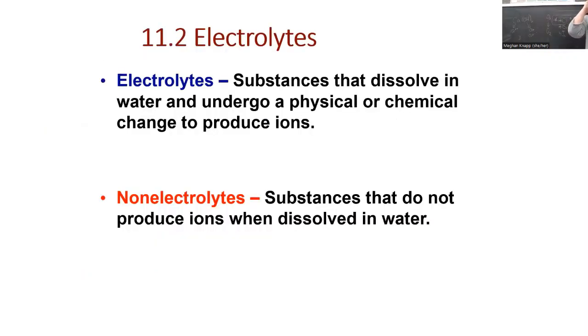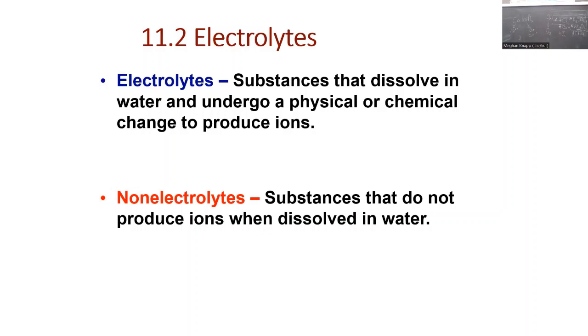Okay, so electrolytes. Electrolytes are things that are going to conduct electricity when they're dissolved in water. And so how do they do that? These are substances that will dissolve in water and form ions. So in the words of your book, they undergo a physical or chemical change to produce ions.